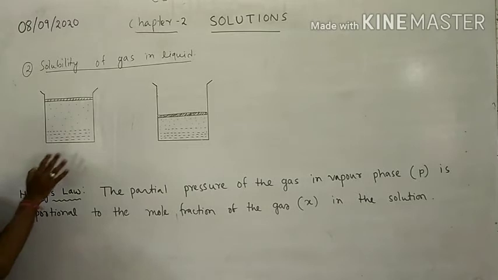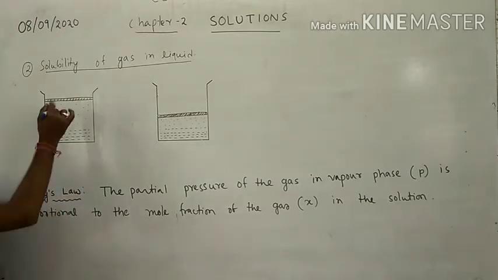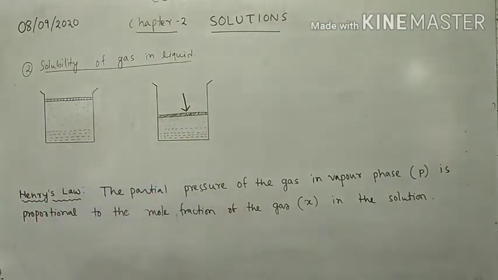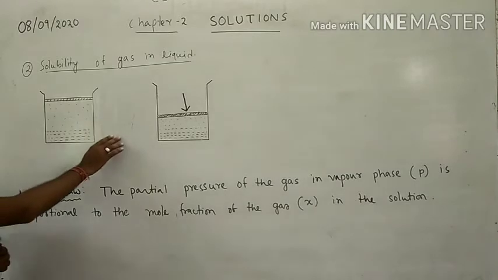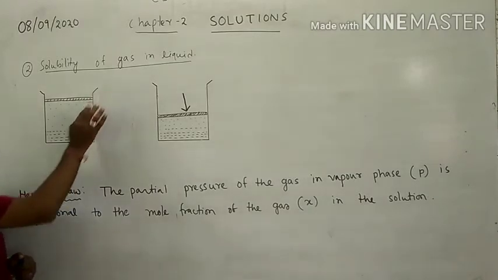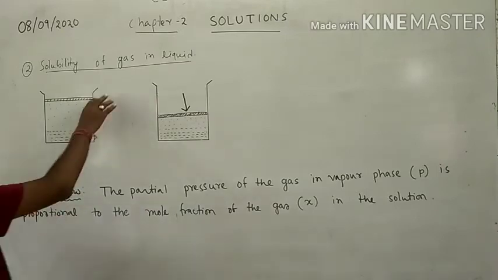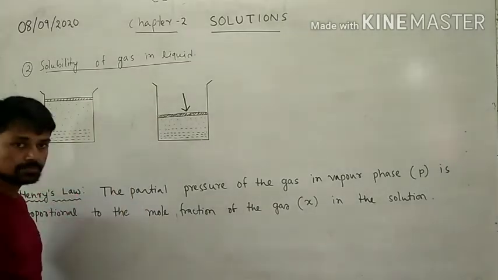Okay, and in this case what happens, we apply some pressure. When we apply some pressure, the piston or the cover of the container falls down.